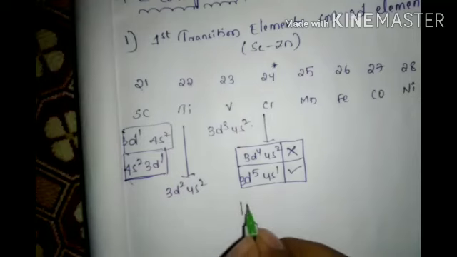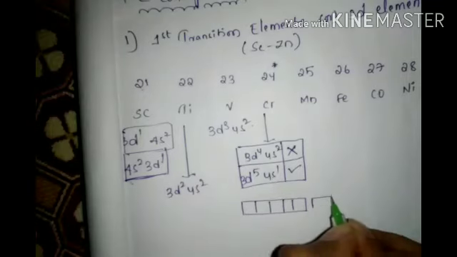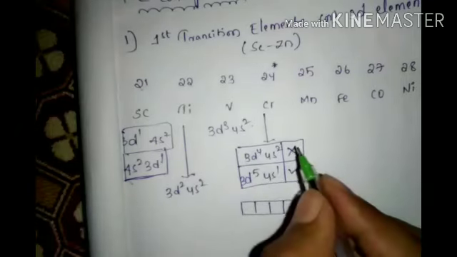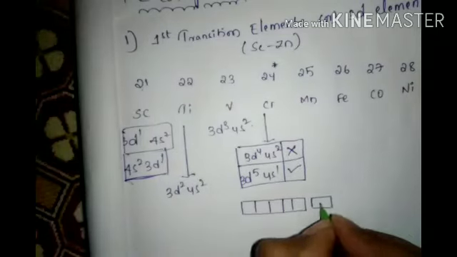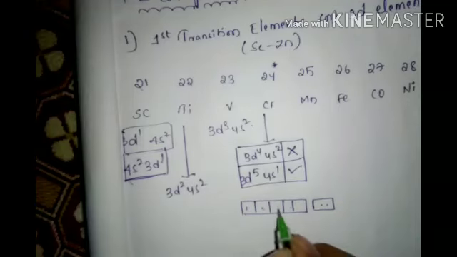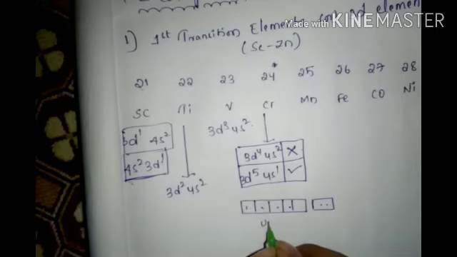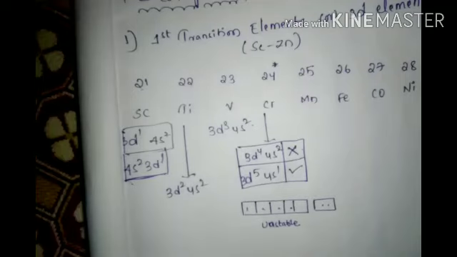This is d 1, 2, 3, 4. According to the first one, this is the electronic configuration: here 2, here 1, 2, 3, 4 electrons. This is unstable. So chromium tries to be stable. That's why it borrows one electron from here to here.